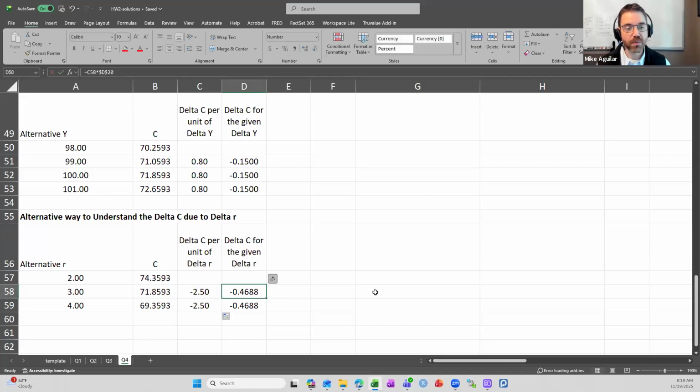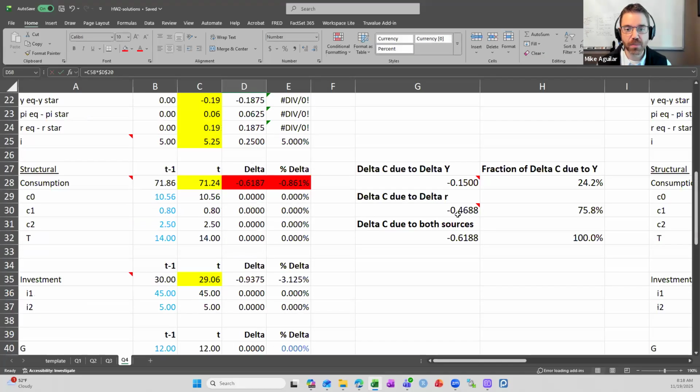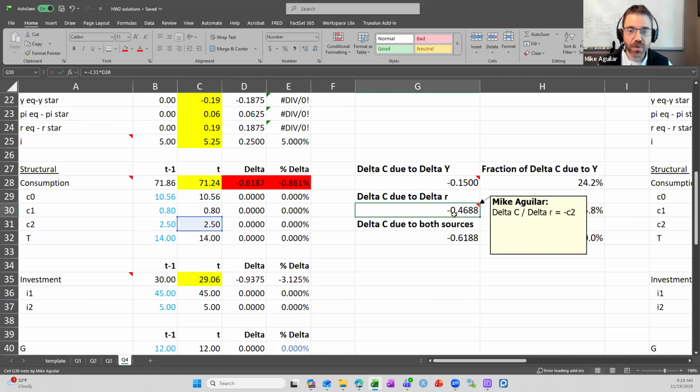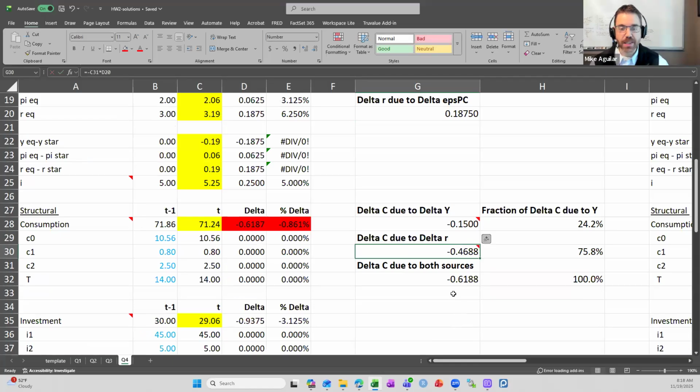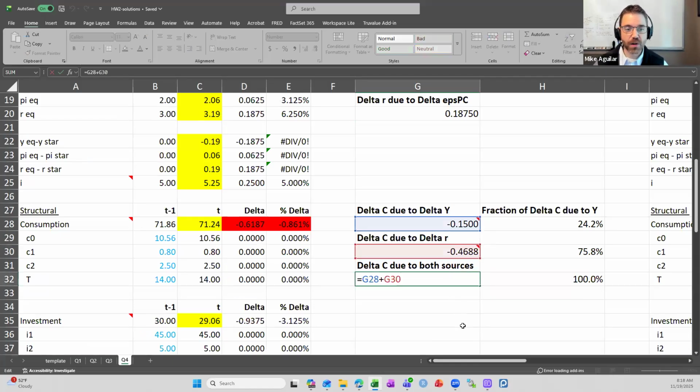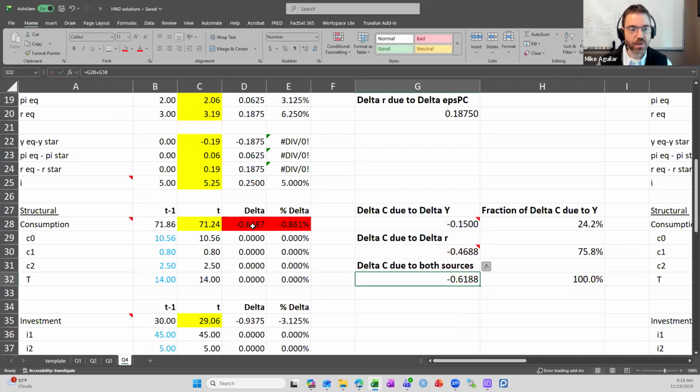And I get minus 0.4688, exactly what we got when we did it from an analytical structure. You take the change in consumption due to Y, the change in consumption due to R. You have all the movements of the endogenous variables. You put those together and, up to 4 decimal places, you get exactly what we had there.